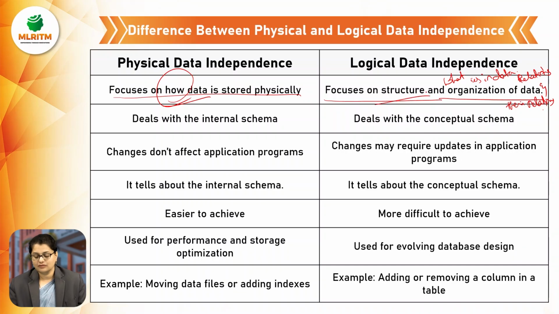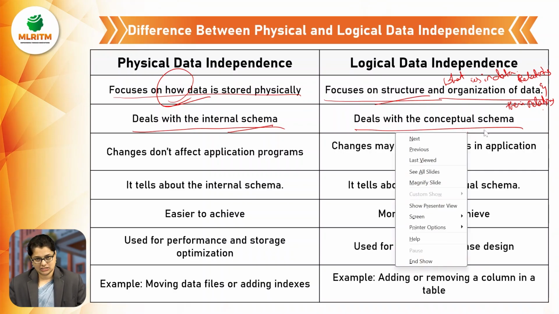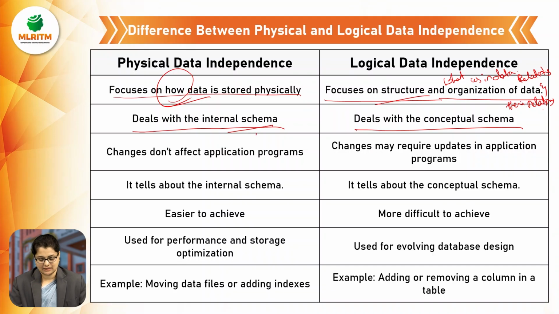In the logical level, it is what data is stored, what data is there, and what relationships it has. Next, physical data independence deals with the internal schema, and the logical level deals with the conceptual level schema. So it completely depends on the logical schema. This is the internal schema. Schema is nothing but the structure of the database or data model.